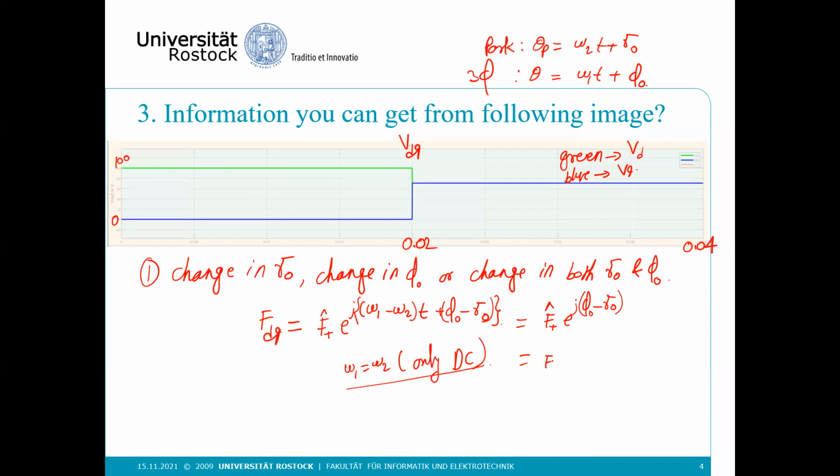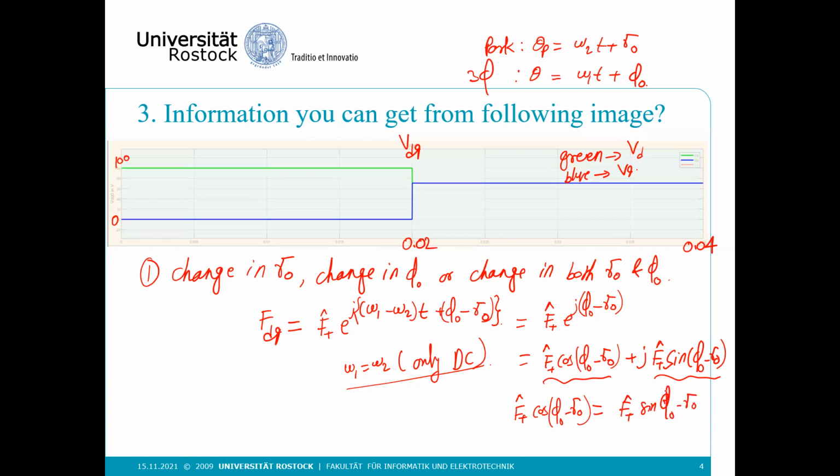And this you can write like f cap cos of (phi naught minus gamma naught) plus j f cap sine of (phi naught minus gamma naught). And you can see these two are equal. So these two are equal means cos of (phi naught minus gamma naught) is equal to sine of (phi naught minus gamma naught).